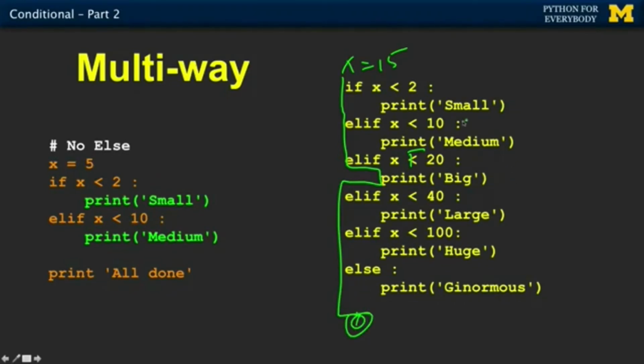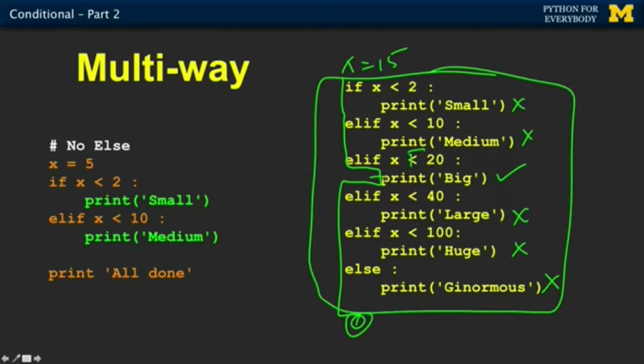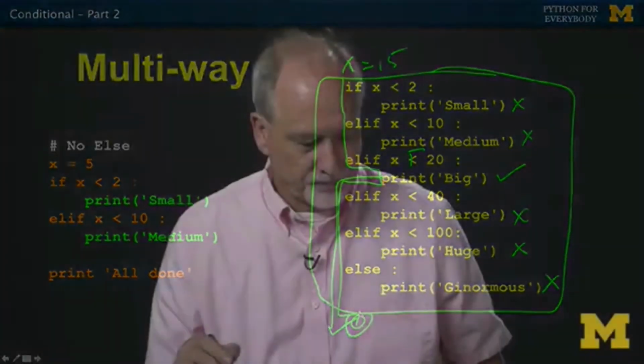So again, only one of these is going to trigger. No, no, yes, no, no, no. I mean, 15 is indeed less than 40. If it came here, it would be true, but it doesn't matter because one has triggered, and so then it takes the entire block, and there's our entire block. So as soon as it executes one, the next thing to do is exit right out of the block. Okay? Got it?